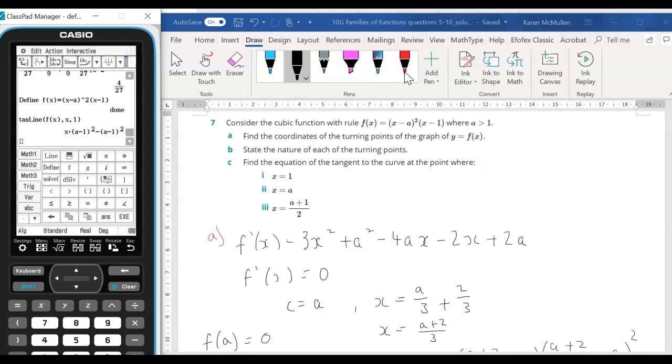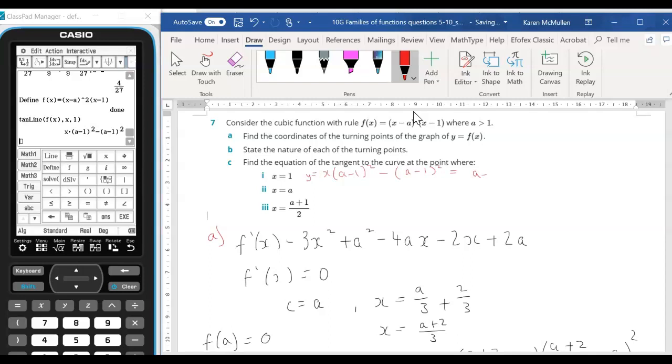I'm not going to go into that by hand because it's going to take forever. So this one here is y equals x times a minus 1 squared minus a minus 1 squared. And you could probably take out a minus 1 squared as a common factor, just looking at that.